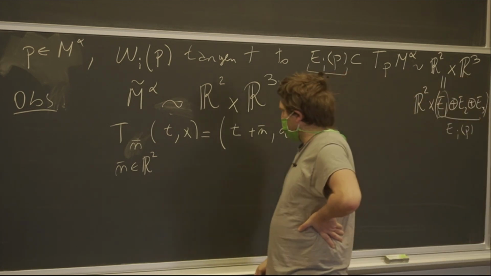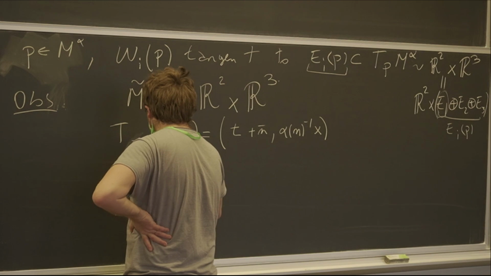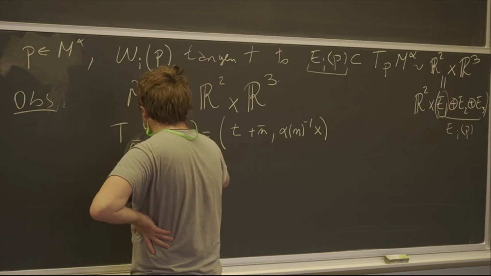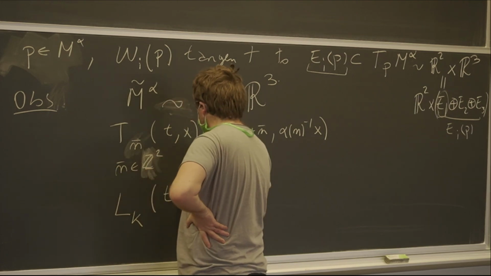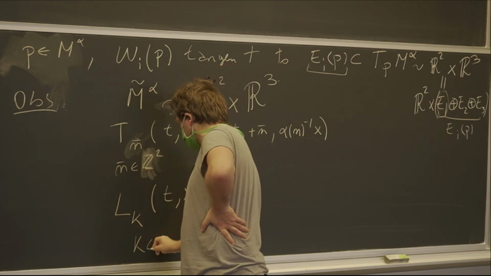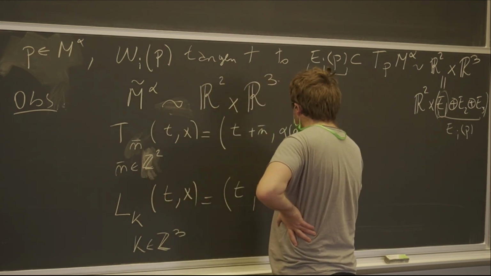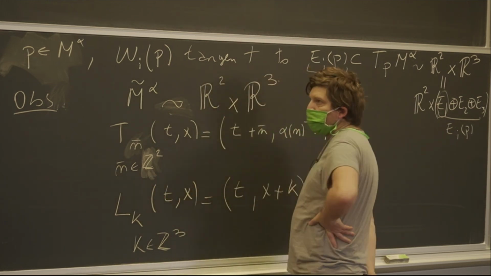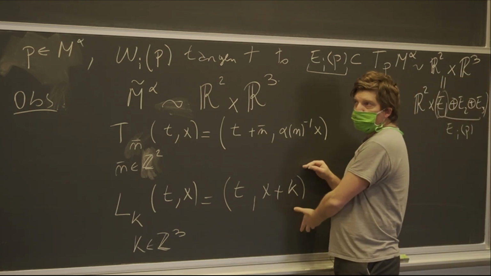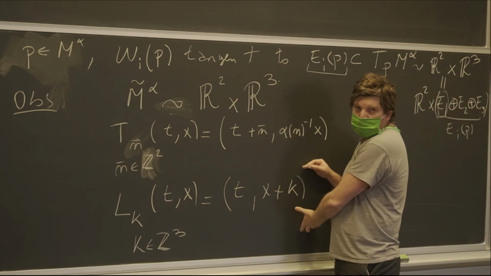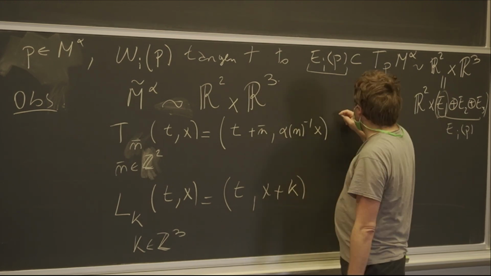And the second type of transformation are L_k, oops, this is Z square, not R square, of (t, x), where k is in Z3, which is (t, x plus k). Okay, the translations on T3. So when we quotient by these, which is a copy of Z3, I get the torus T3. And then if we quotient by everything, then we get M alpha.